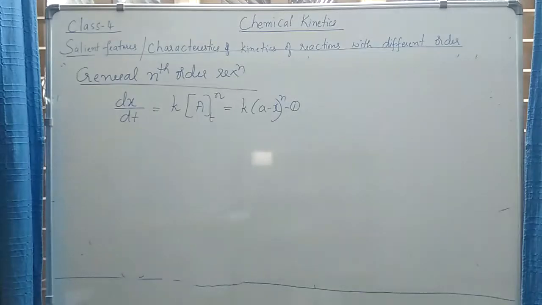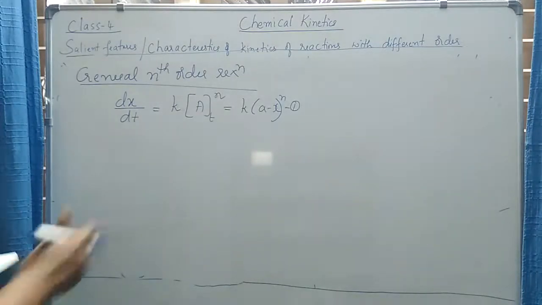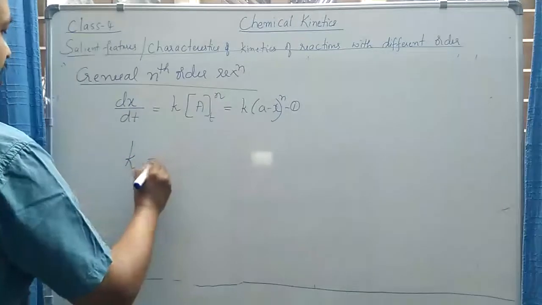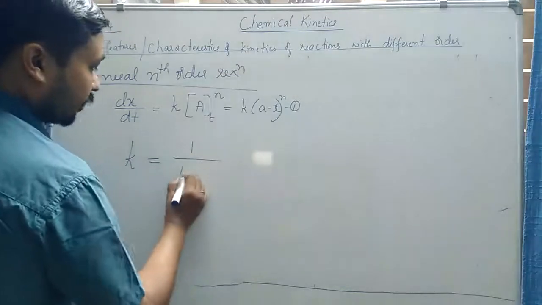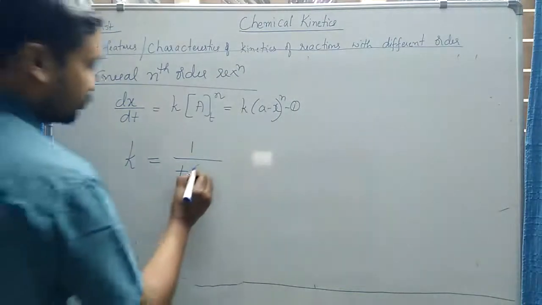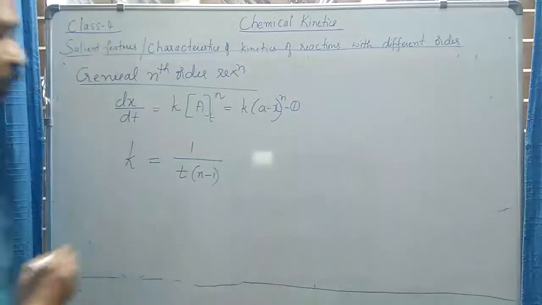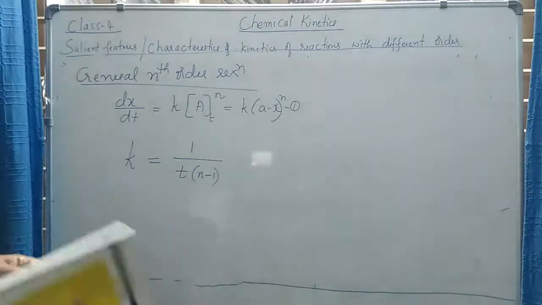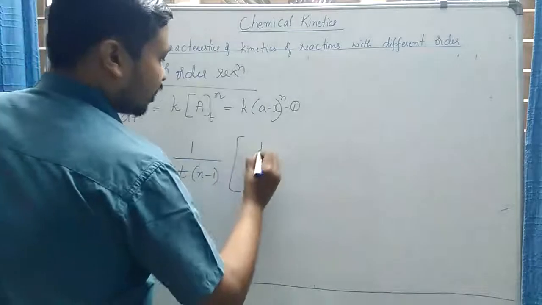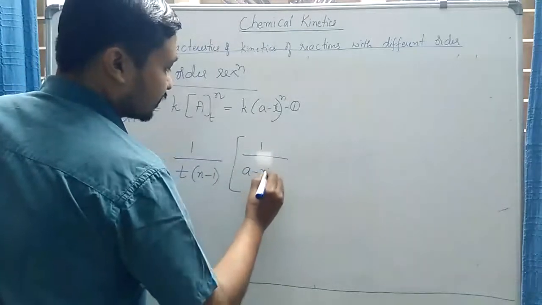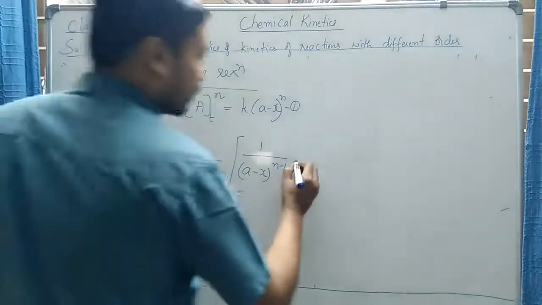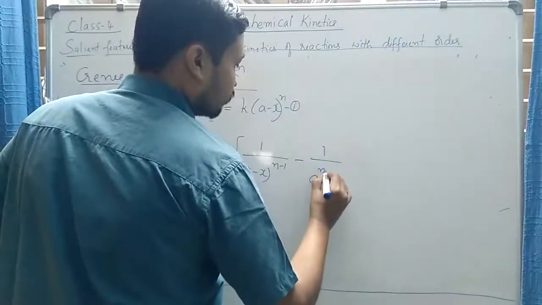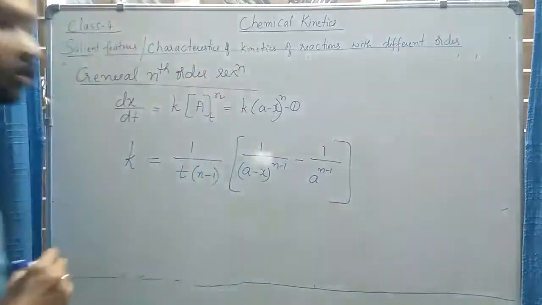We only require the final expression for rate constant, which is: the rate constant of the nth order reaction is 1 by t, that is time, into n minus 1, where n is the order of the reaction, into 1 by (A minus x) to the power n minus 1, minus 1 divided by A to the power n minus 1.